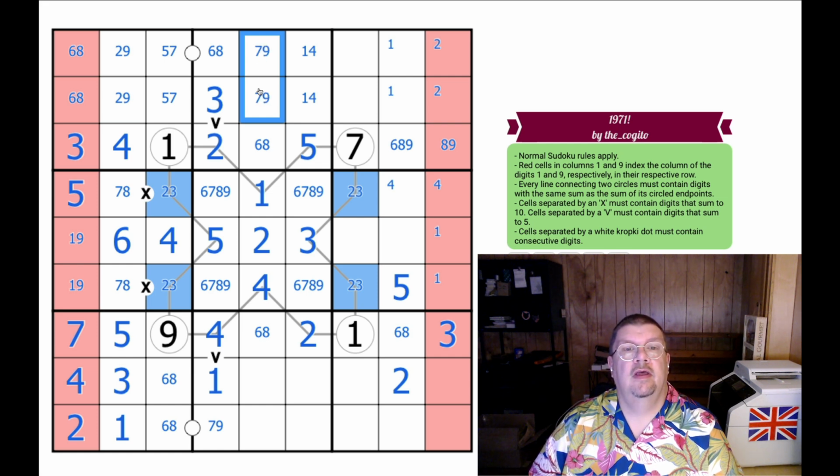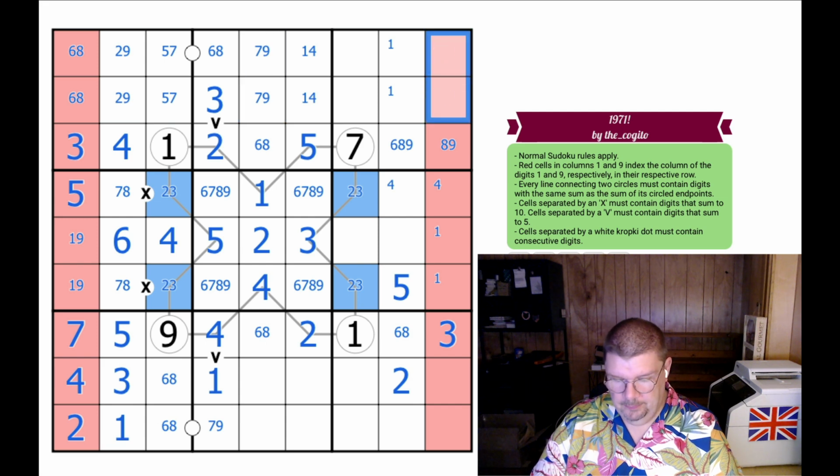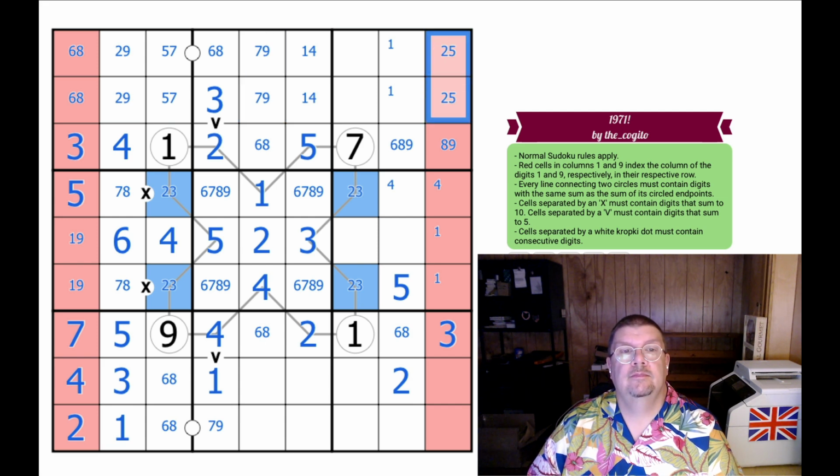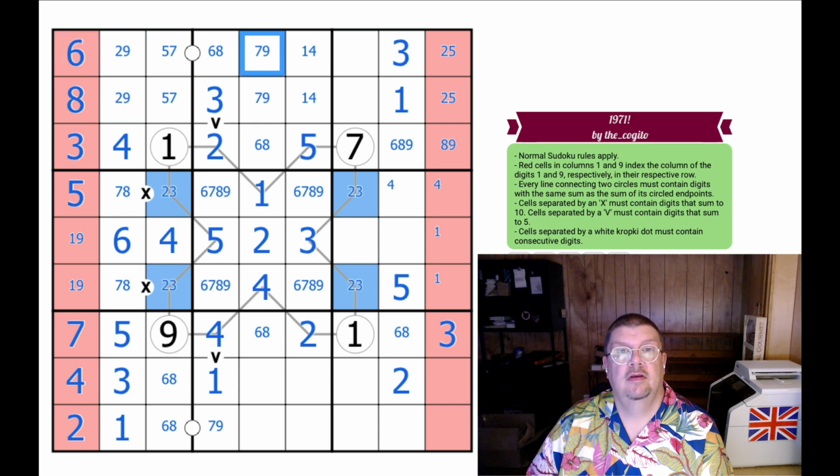And that means that 9 is in one of those two, so that is a 2-5 pair. Three in this row must go into one of those two, but can't go there because of that 2-3 pair. That's 3. That makes that a 1, which makes that 8, and that 6, which makes that 1. That's 4.